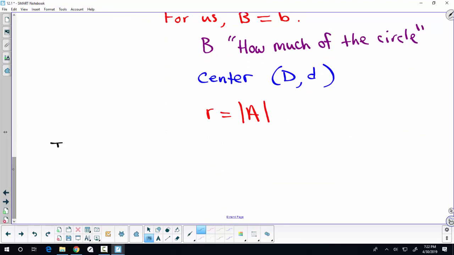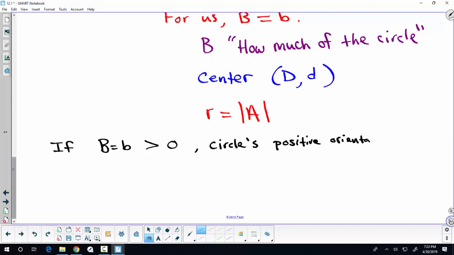So note here, if B is positive, then we get a circle like we saw in that first example, with positive orientation in the counterclockwise direction. So we saw that directly from the first example.